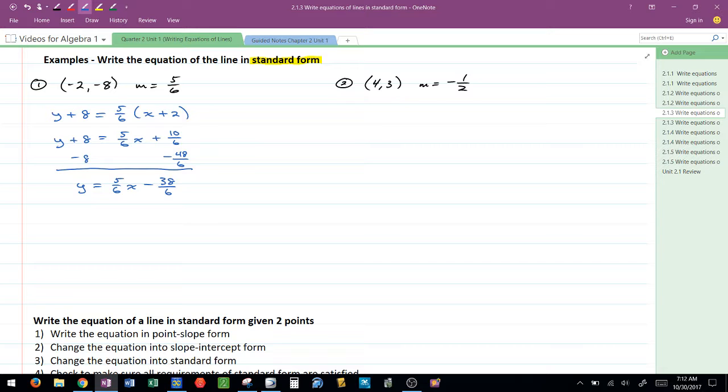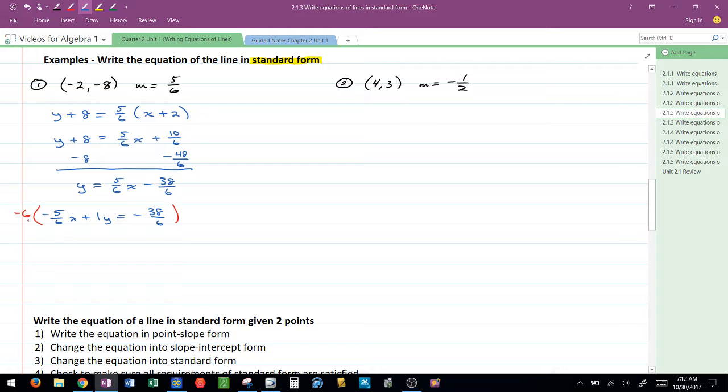Okay, I need to get it into standard form now, which means x has to move over. It'll become negative 5/6 x plus 1y equals negative 38/6. All right, can't have any fractions, can't have a negative first term, so I'm going to multiply everything here by negative 6.